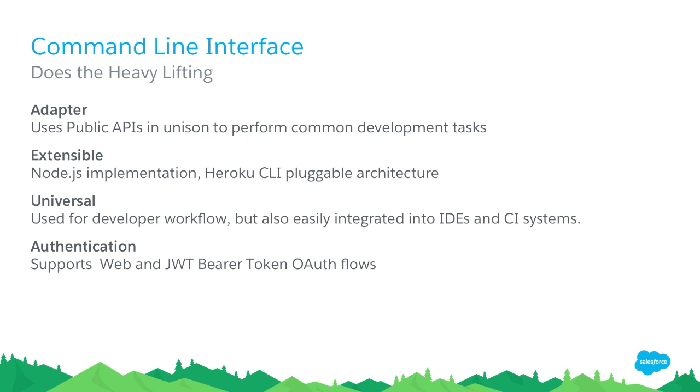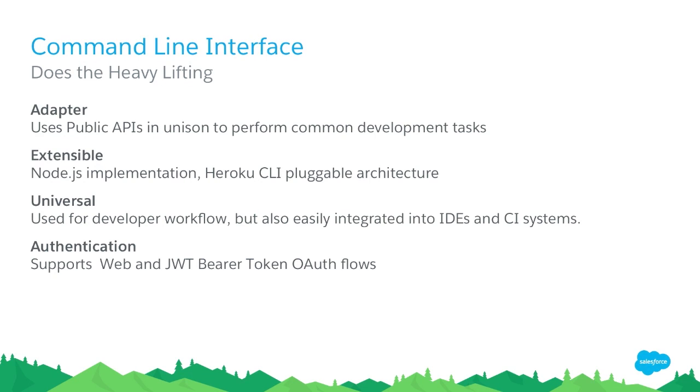It takes those public APIs and exposes them in usable ways. We've chosen to implement the CLI on the Heroku pluggable CLI architecture. To do that, it's implemented in Node.js. Anybody can develop plugins for the Heroku CLI. There are a few rules you have to follow, and then it'll pick it up and run with it.